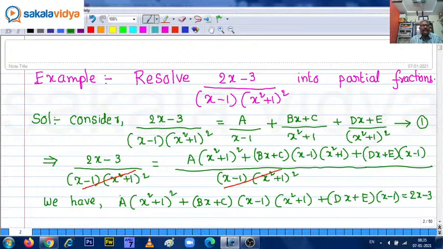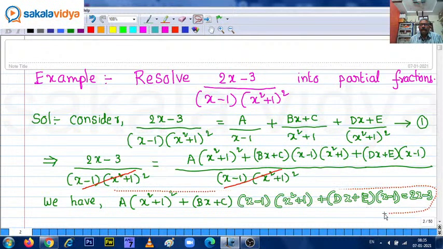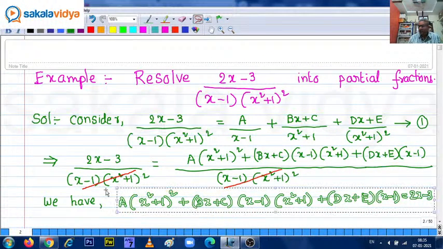With the help of this, we need to find the a value, b value, c value, d value, e value. So let us find out now. Right, let us move to the next page.